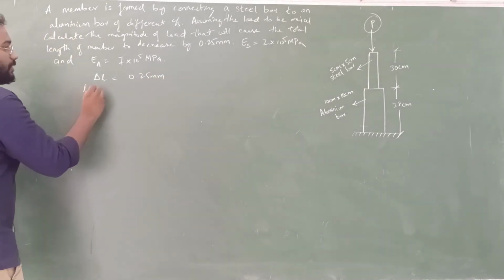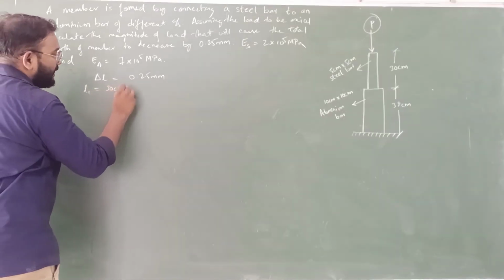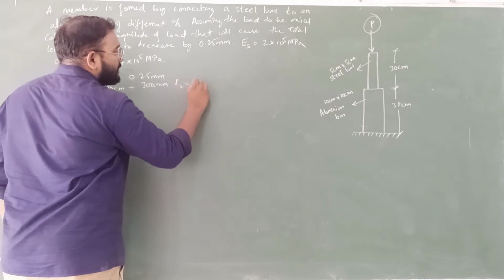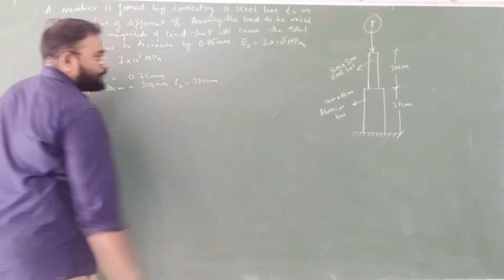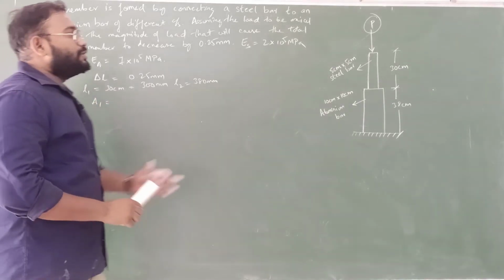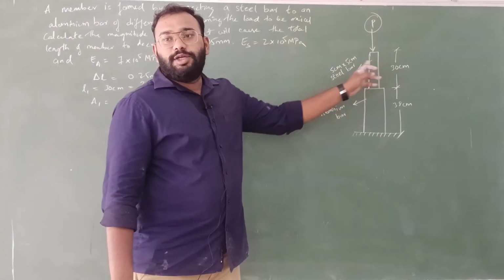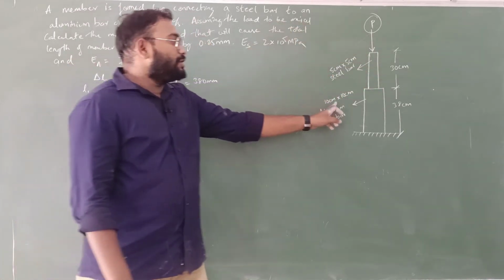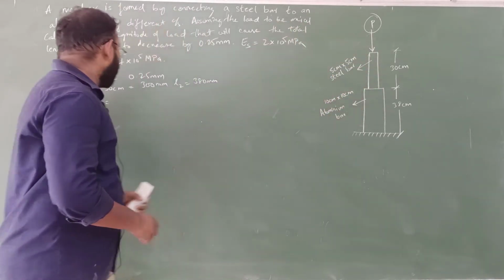Now L1 is given to you as 30 centimeter, which is 300 millimeters. Similarly, L2 is 380 millimeters. Cross section of A1. Now see the bar. This is not a circular bar. You are given 5 centimeter by 5 centimeter, means this is a square bar. Now this is also a square bar of 10 centimeter by 10 centimeters.